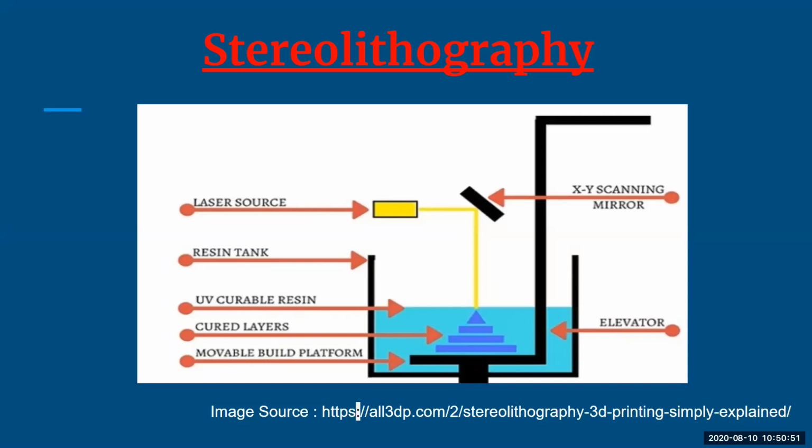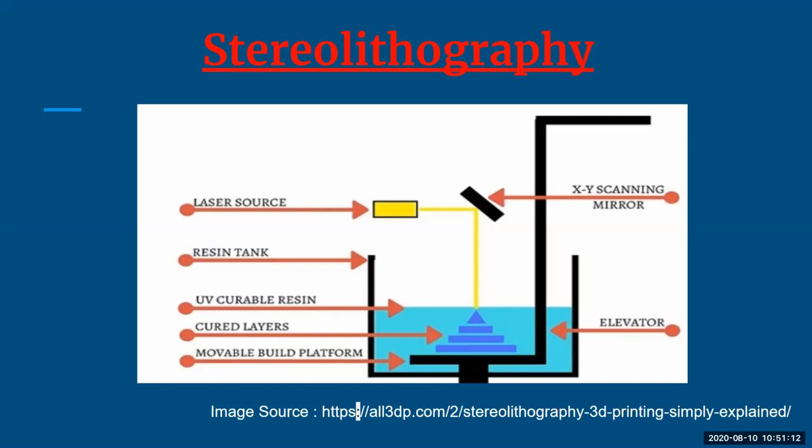As per the diagram, there is an XY scanning mirror, which will scan your object. The UV source is given, that is nothing but the laser source. There is a tank, called a resin tank, where your material is placed. The material placed is liquid plastic, or other materials can also be placed.